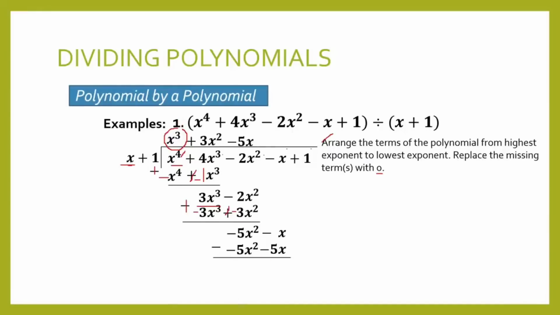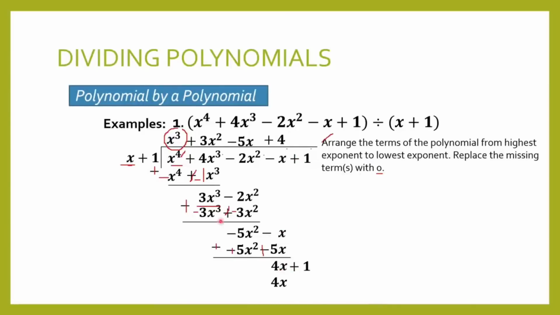We subtract. So again, this will be addition. This will be positive, and this will be positive. So this will be, again, 0. And then negative x plus 5x is equal to 4x. We bring down the last term, which is positive 1.